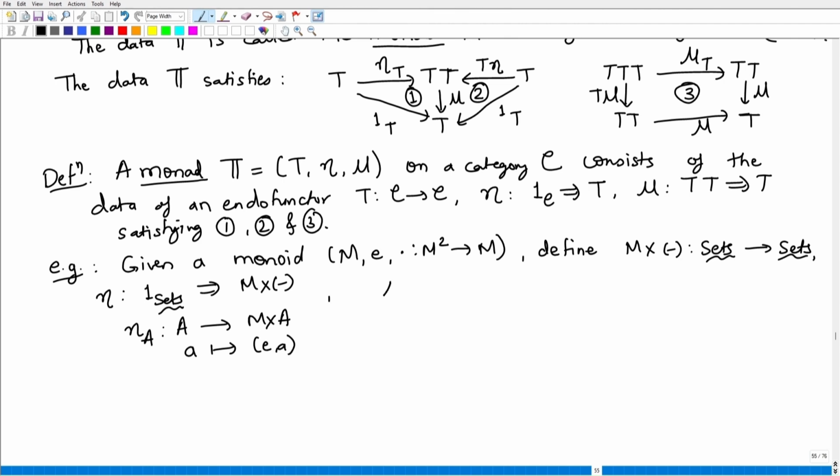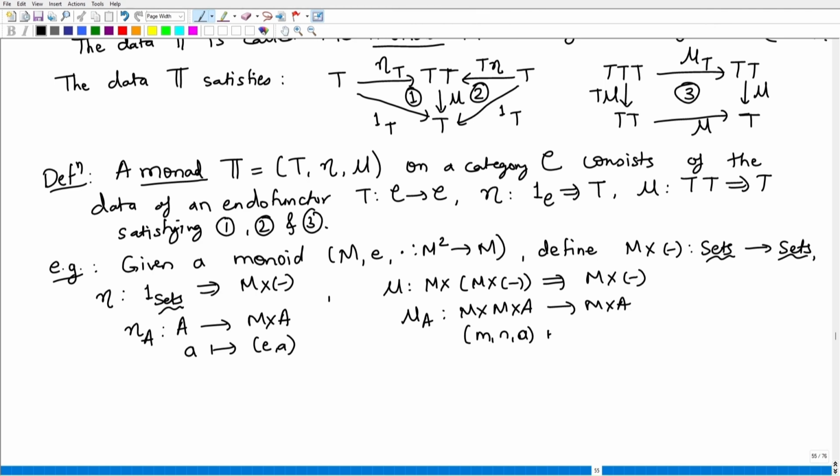And what should be mu? Mu should be the multiplication of the monoid, but you had to do it properly. Yeah. So M cross blank to M cross blank. So mu sub A will go from M cross M cross A to M cross A, which takes a triple M, N, A and maps it to MN comma A. Yeah, you just take the action on this part.